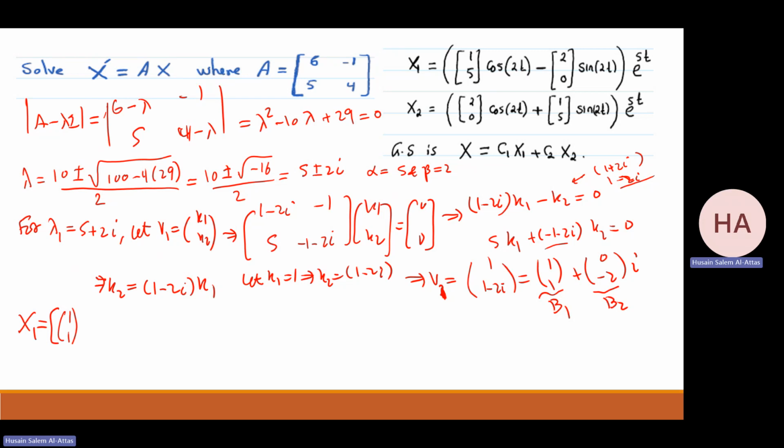So these two equations are the same. Yeah, let me just check that what I did is correct. K2 will be 1 minus 2i times K1. So if K1 equals 1, K2 will be 1 minus 2i. If I choose the other case, the other way.